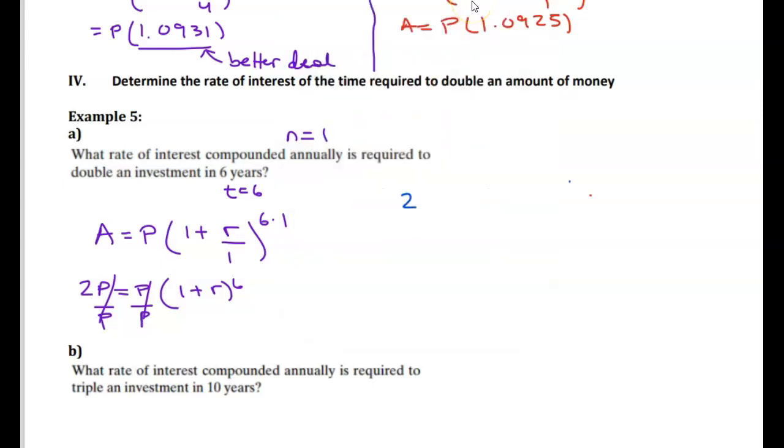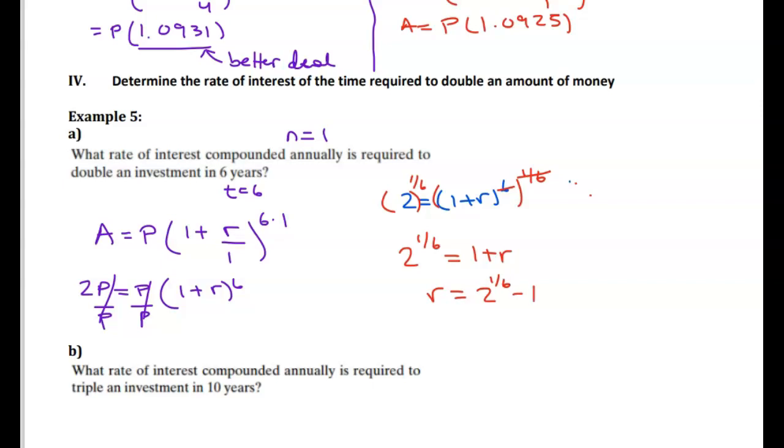So 2 equals 1 plus r to the 6. We're going to take the 6th root, so raise both sides to the power of 1 over 6. This gives me to the power 1. So I have 2 to the 1 over 6 equals 1 plus r. So r is going to be 2 to the 1 over 6 minus 1.